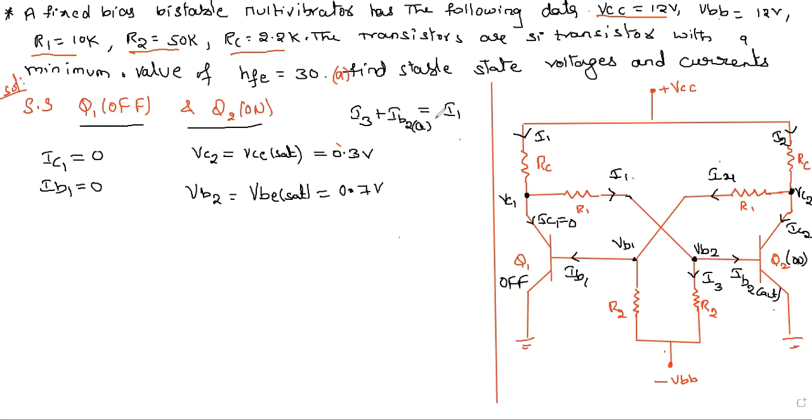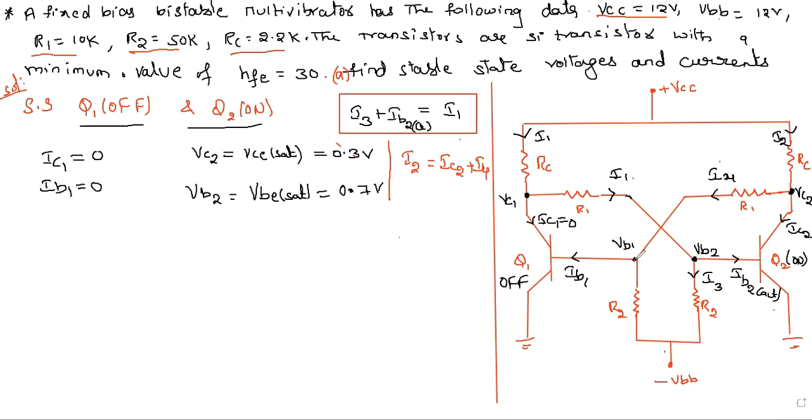So I2 is nothing but IC2 plus I4. This I2 will divide between these two branches.